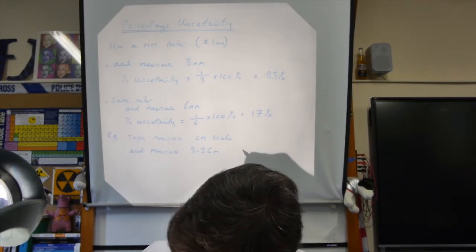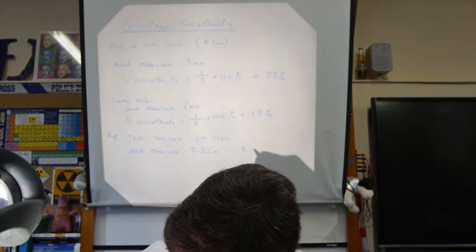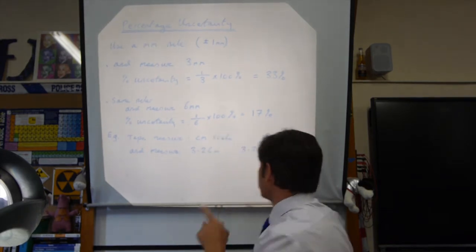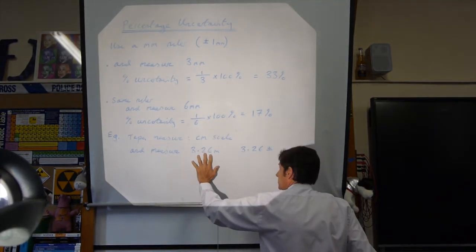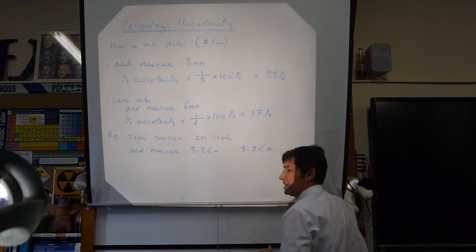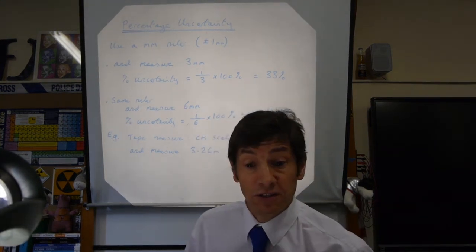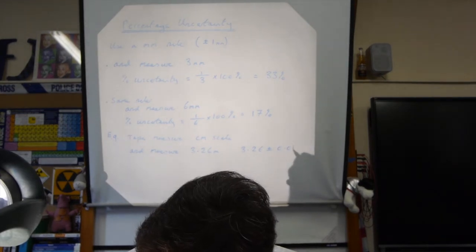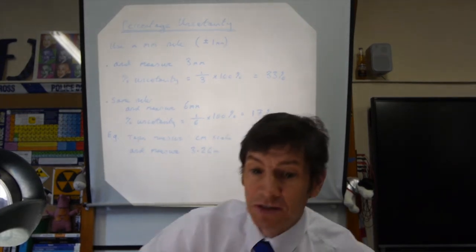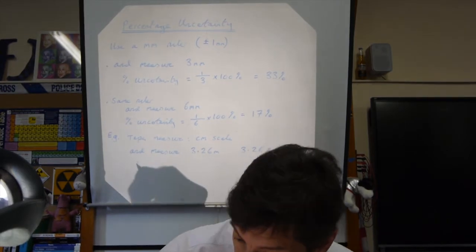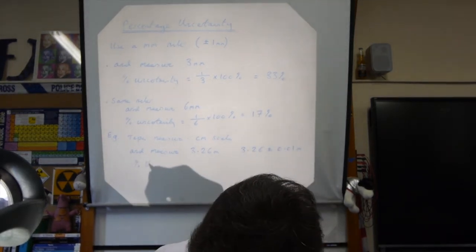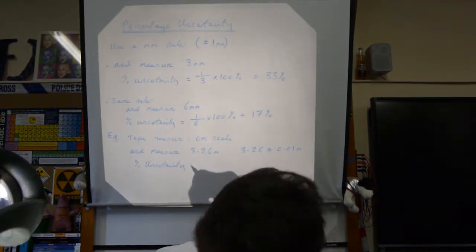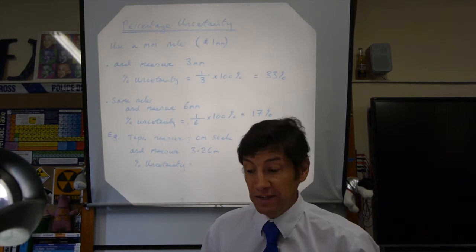So we can quote this as 3.26 plus or minus, and this is in metres, so this has to be in metres as well. The absolute uncertainty has units: 0.01 metres. So let's work out the percentage uncertainty in our measurement. I hope you feel this is quite easy now.